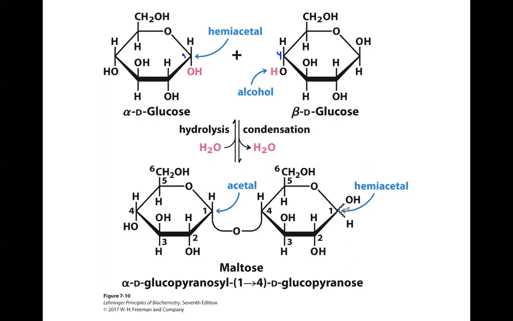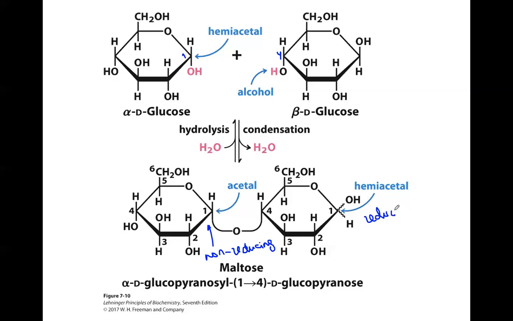And this still remains the hemiacetal. So this is now non-reducing, which means it will no longer react with silver. You will not see the beautiful metallic silver, but this still remains reducing. So overall, the sugar is reducing, right?